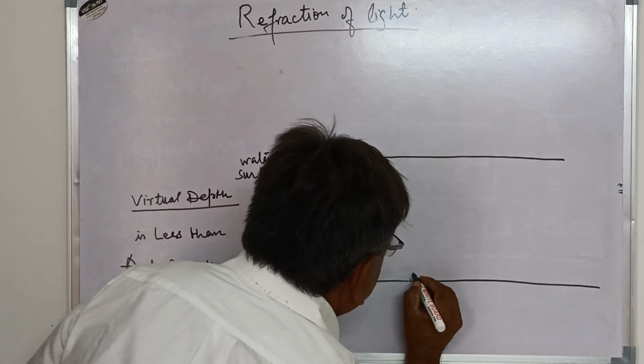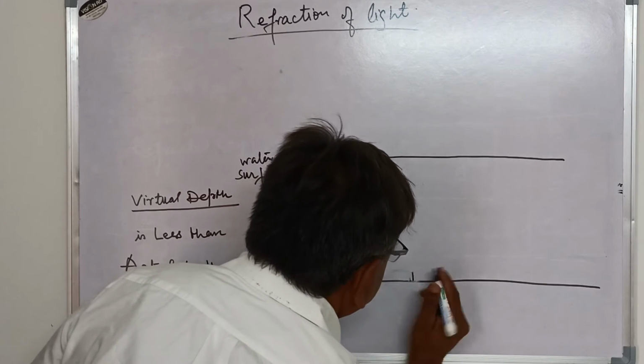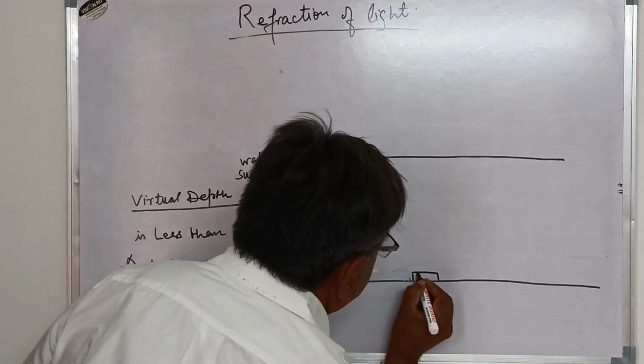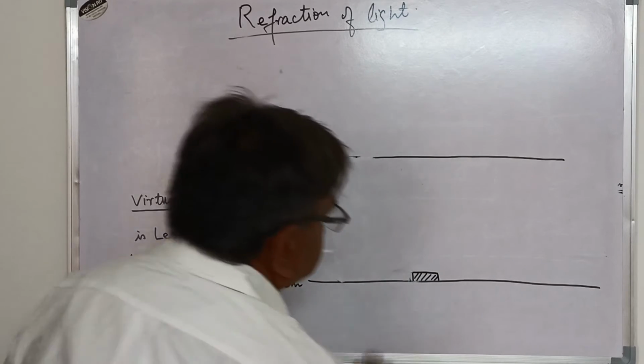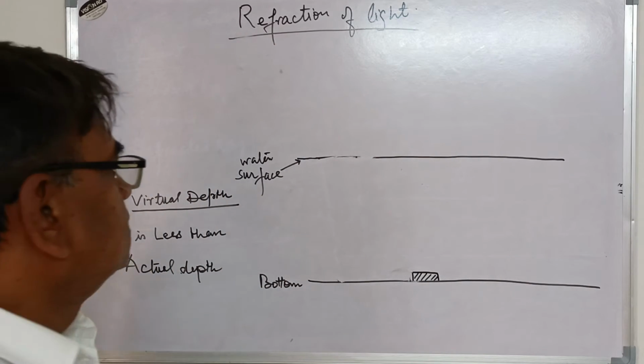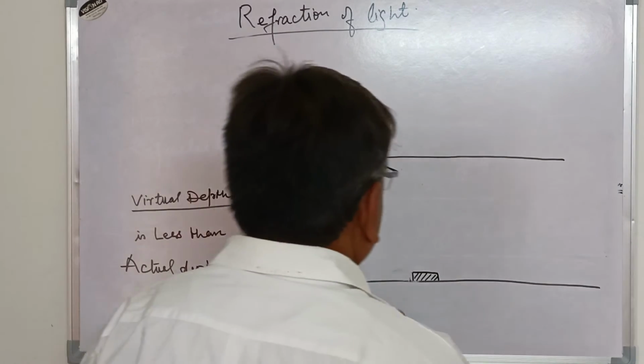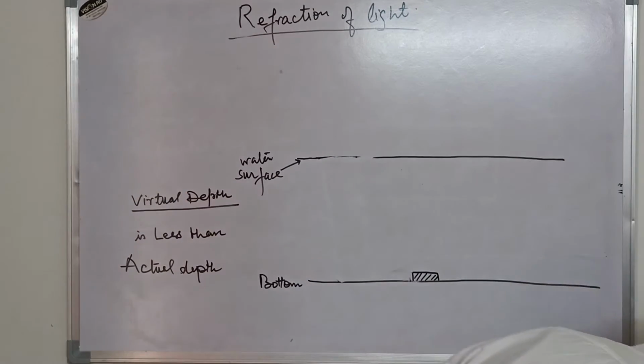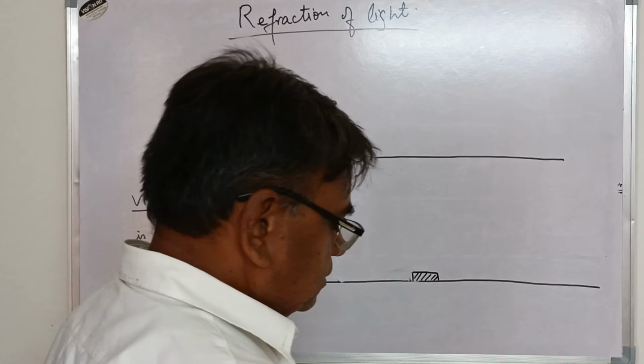Let a coin be put here, at the bottom. Then what happens? Let us use the other ink.